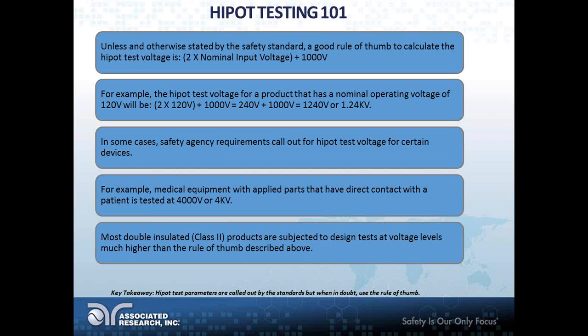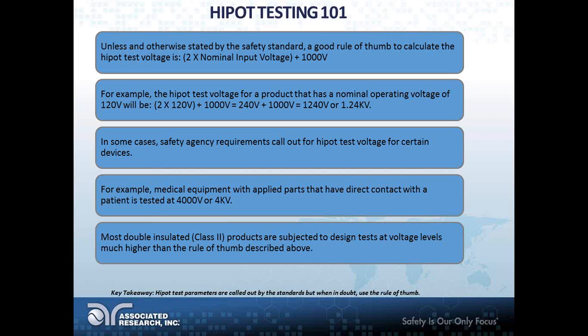So for example, say you want to run a Hipot test but you're not sure what test voltage to set, and you know that the nominal operating voltage of your device is 120 volts. Using this rule of thumb formula, we can calculate it. As you can see, you do 2 times 120, which is 240, and add 1,000 volts to that, which comes out to be 1,240 volts, or 1.24 kilovolts.